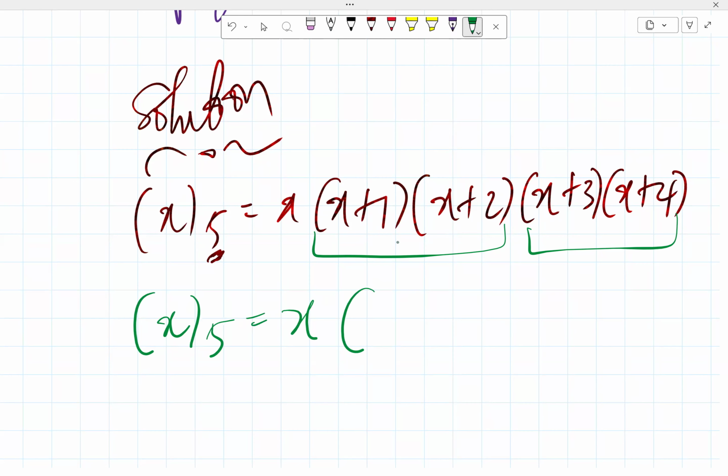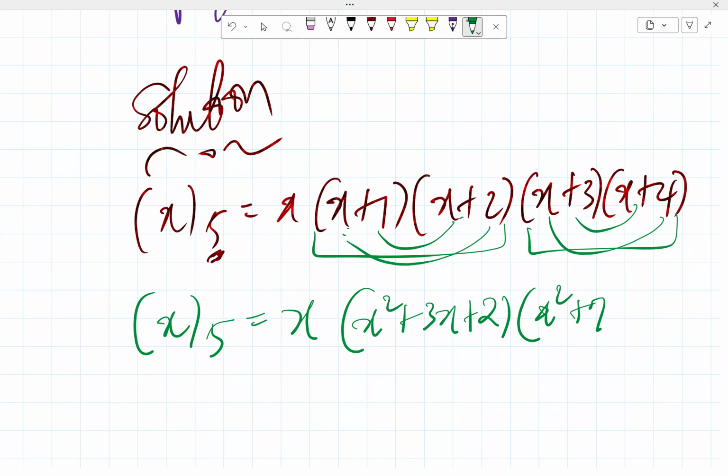To expand this, x times x is x squared, plus x plus 2x, that's plus 3x right there. Then 1 times 2 is 2. Then here, x times x is x squared again. 3x plus 4x is 7x. Then 3 times 4 is 12. So easy peasy, we have that.